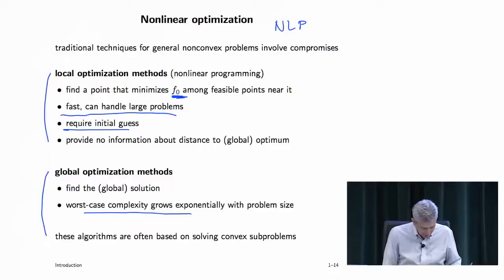This is where you get something that absolutely minimizes the objective. Now, it turns out that in both of these, certainly in global optimization, almost every method for global optimization is based on convex optimization as a subroutine, right? We'll see bits and pieces of that as we go through the course.